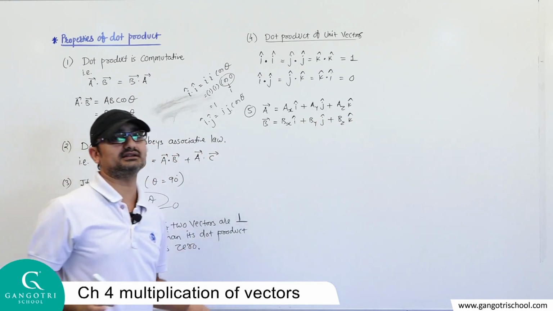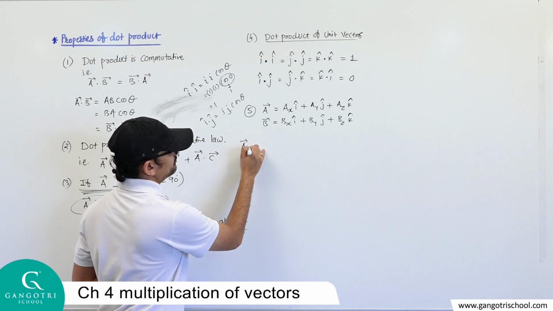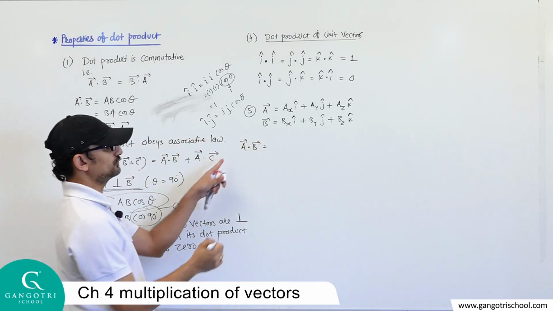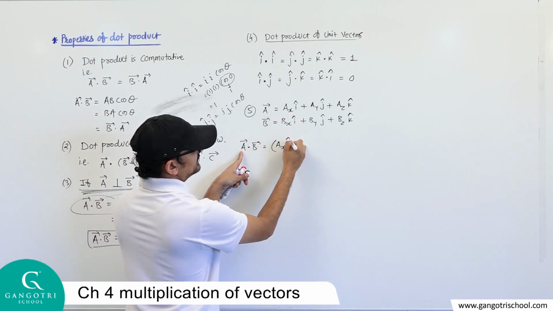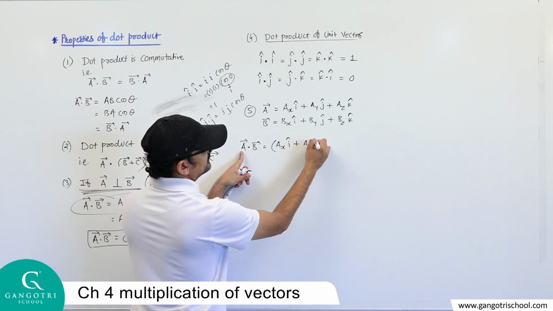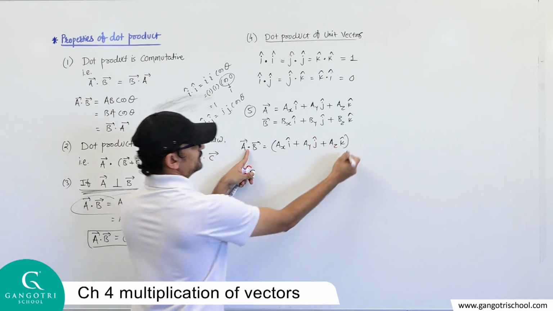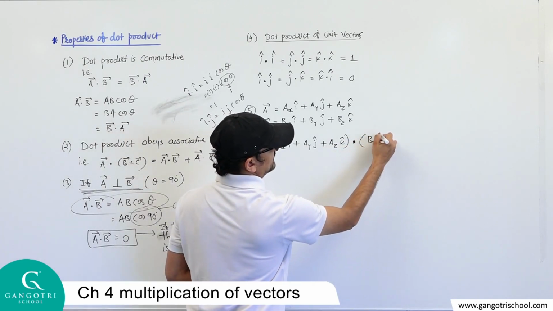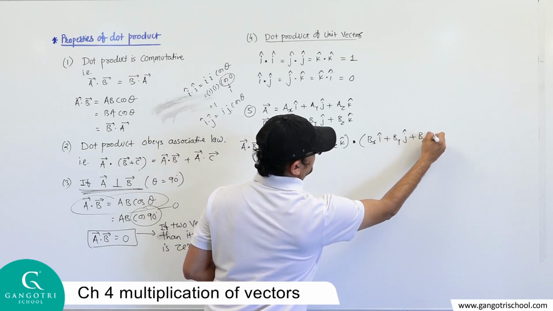Now if anyone asks us to find A dot B, the dot product of the given two vectors, then according to maths, vector A means ax i caret plus ay j caret plus az k caret, dot, vector B means bx i caret plus by j caret plus bz k caret.